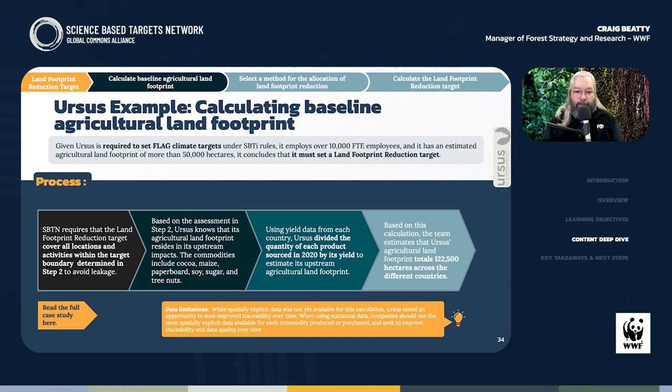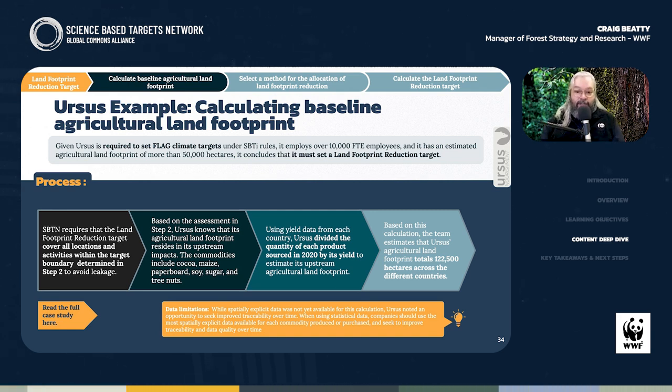In their base year of 2020, they sourced 165,500 metric tons of commodities as follows: cocoa from Cote d'Ivoire, Ecuador, and Ghana, maize or corn from USA, paperboard from USA, soy from Argentina, Brazil, and India, sugar from Brazil and Sri Lanka, and tree nuts from Cote d'Ivoire, India, Spain, and the USA.